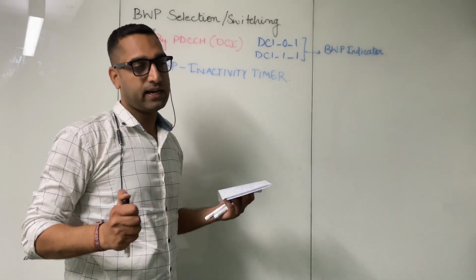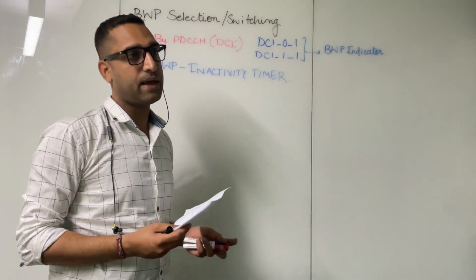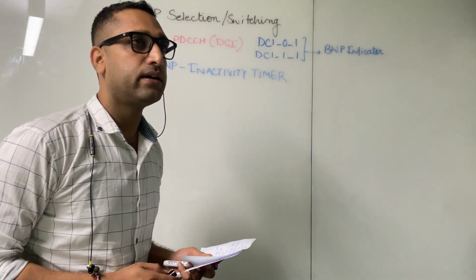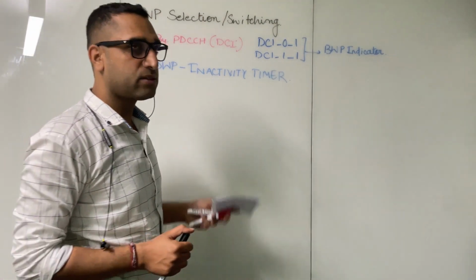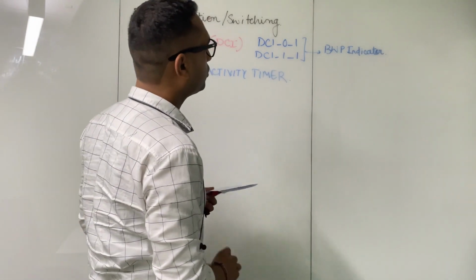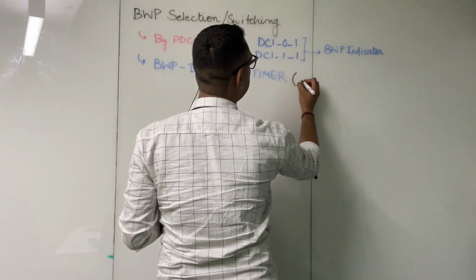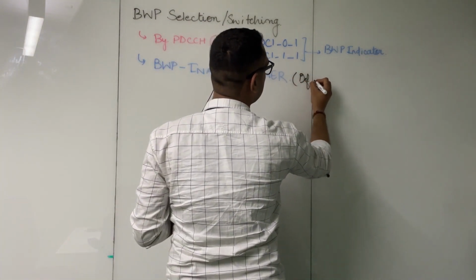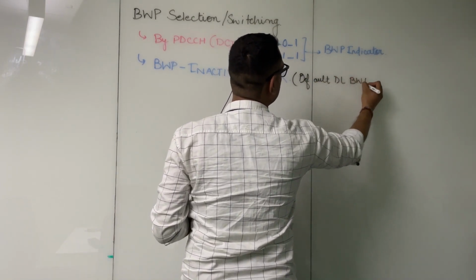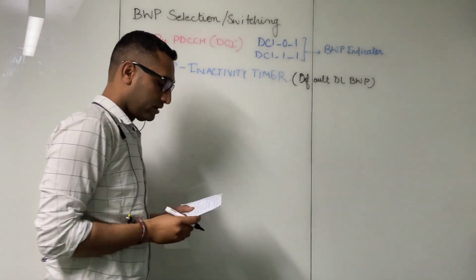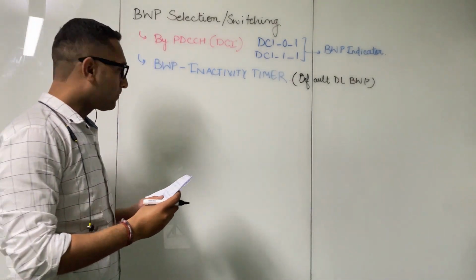If inactivity happens, nothing is happening, then this timer will expire at some point of time. And once this timer expires, UE will switch to the default DL BWP. So that is another form of switching.